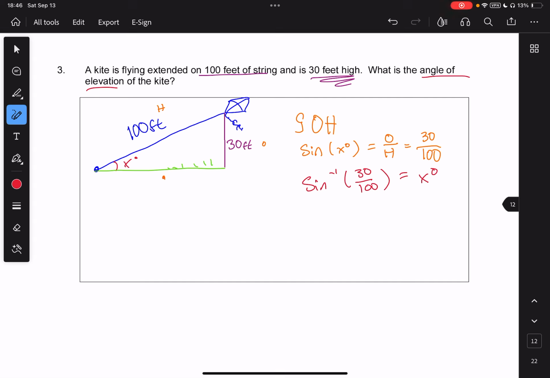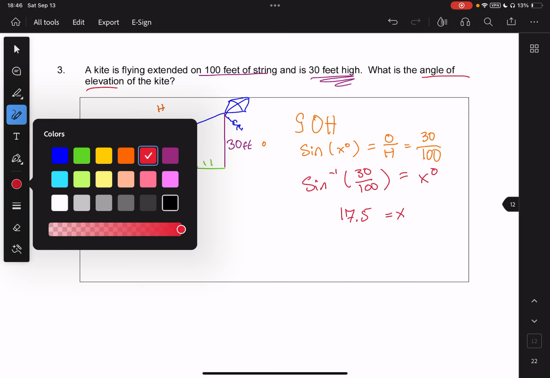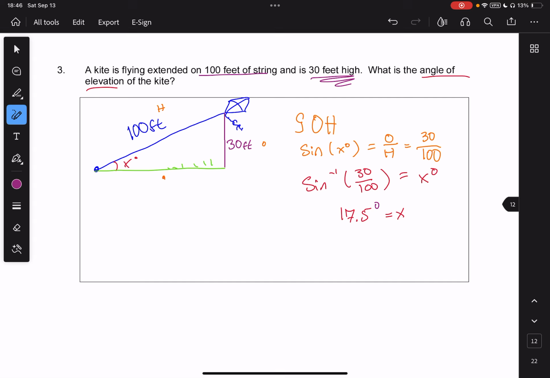So if you put in your calculator sine inverse of 30 over 100, what do you get? 17.5 is equal to x. So what is our unit? Degrees. What is the angle of elevation? 17.5 degrees.